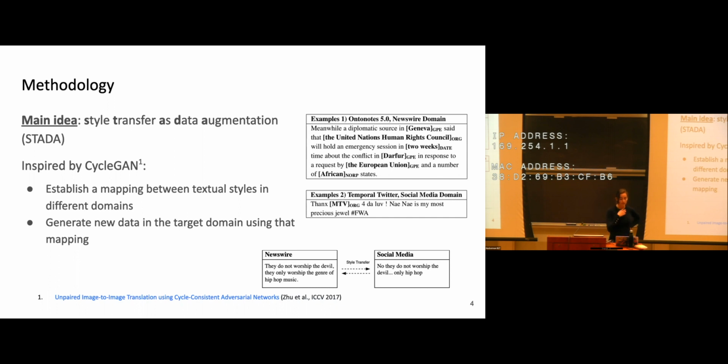So our idea is, can we learn how to transform this newswire data into data that looks more like social media data, and then use that transformed data to train a model and do better? That's the whole idea. So the work I'm going to present here is how we go about trying to achieve this.